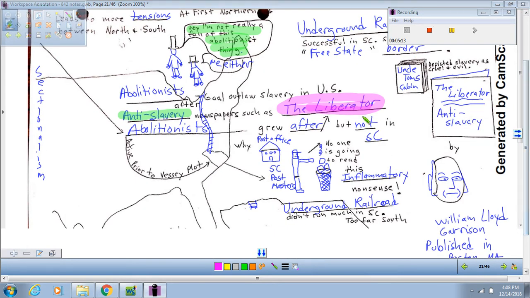However, these anti-slavery newspapers and materials did not make it to the Southern people because postmasters like this one threw the materials in the trash, calling it inflammatory nonsense.